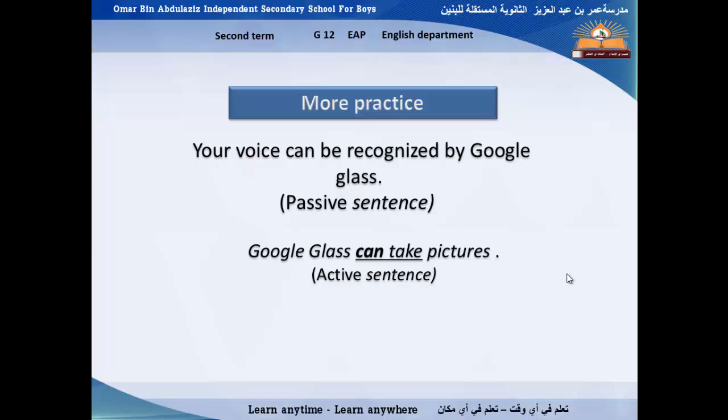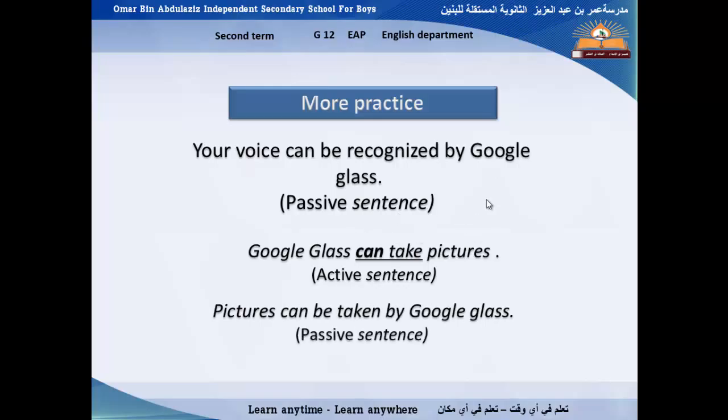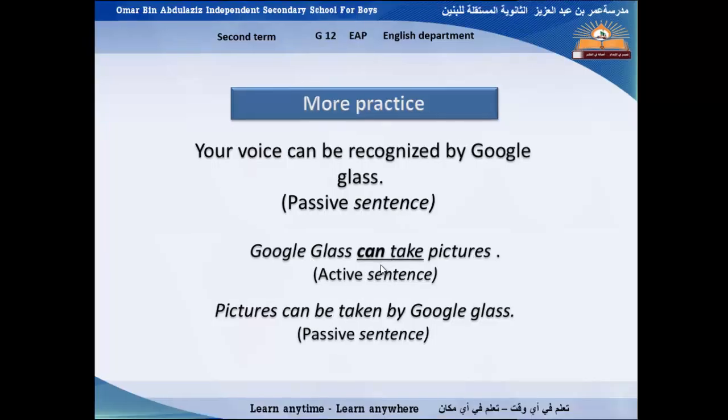But pay attention to the verb take. The verb take is an irregular verb. I mean, you cannot add ed to this verb to get the past participle. So the answer will be: pictures can be taken by Google Glass. This is a correct passive sentence.